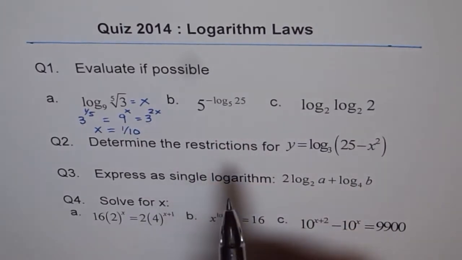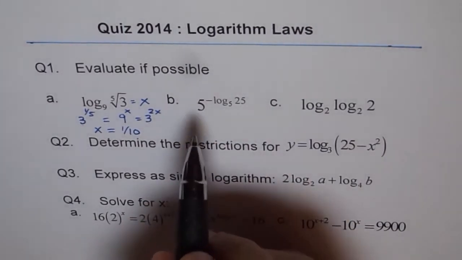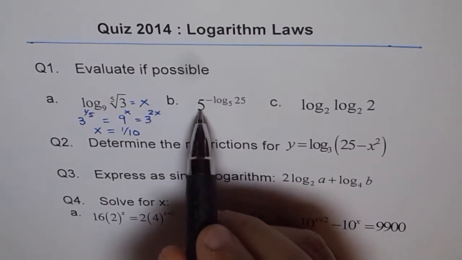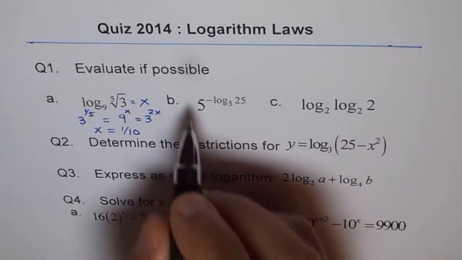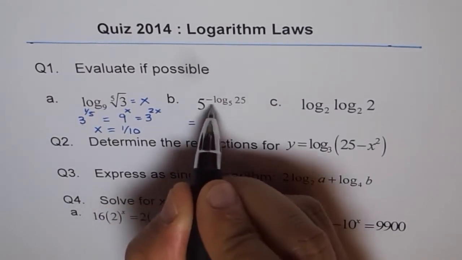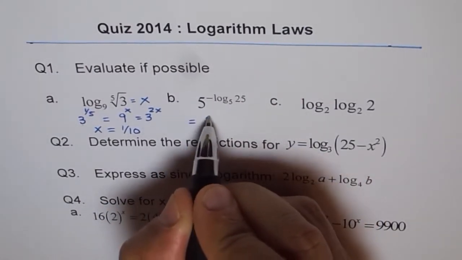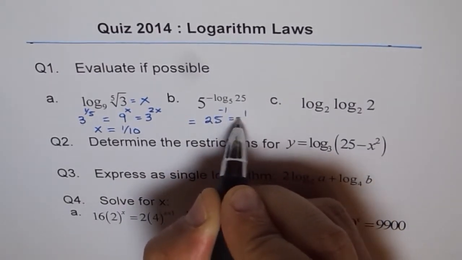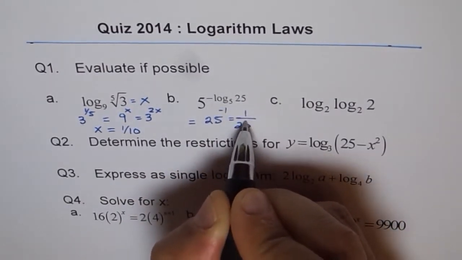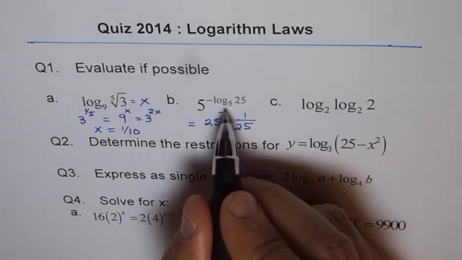So anyway, from the rules of logarithms, we can write this as 25 to the power of minus 1, or we can write this as 1 over 25. You see that? So that is the answer for part B.